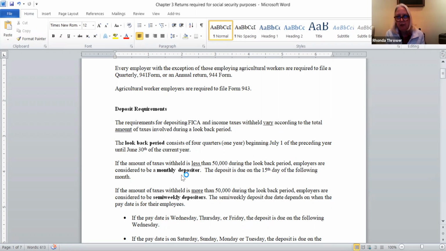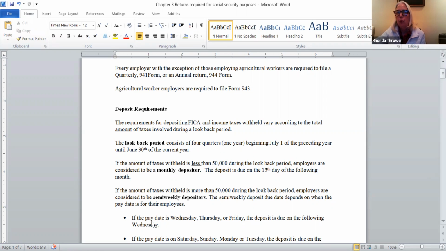If we have taxes that we withhold that are more than $50,000 during the look-back period, employers are considered to be semi-weekly depositors. If you're a semi-weekly depositor, the due date depends on when the pay date is for the employees. If the pay date is Wednesday, Thursday, or Friday, the deposit is going to be due on the following Wednesday.